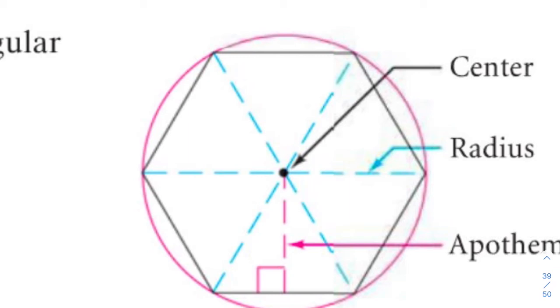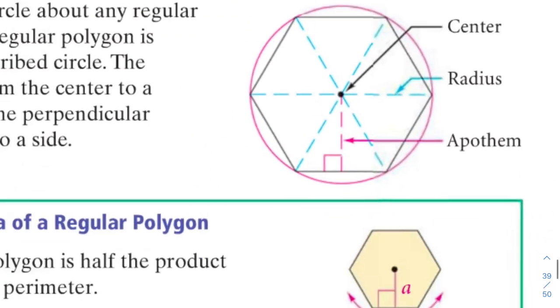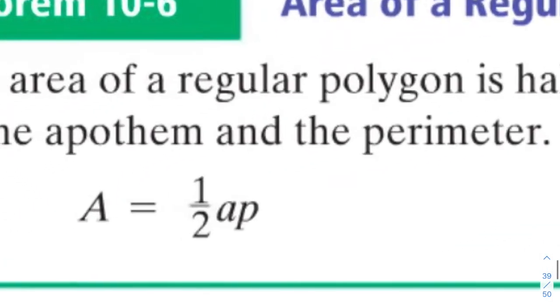Well, it's 1/2 height times all of those bases. What are all those bases? It's what we call the perimeter. So it's 1/2 height times all my bases, AKA 1/2 apothem times perimeter.